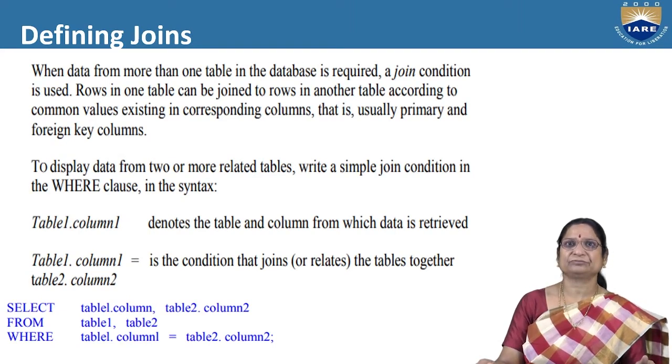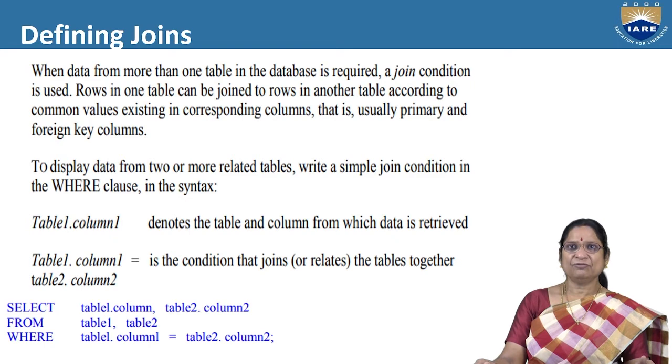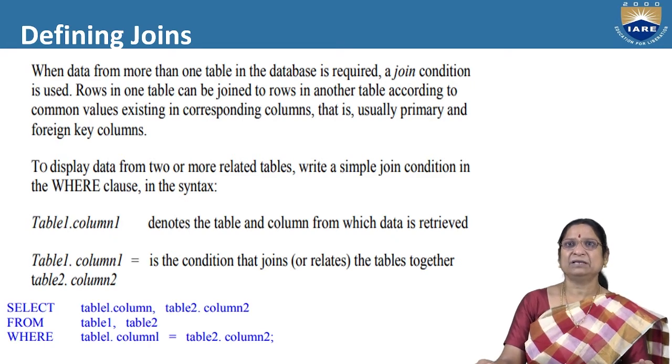What is a join? When data from more than one table in the database is required, a join condition is used. We discussed how to retrieve data by using the select statement, and the various clauses.